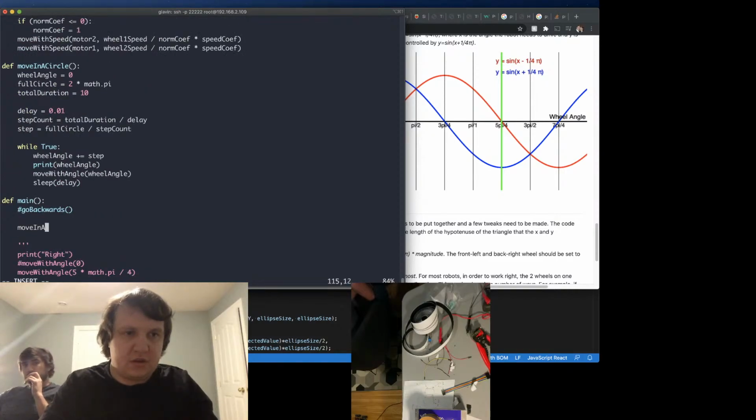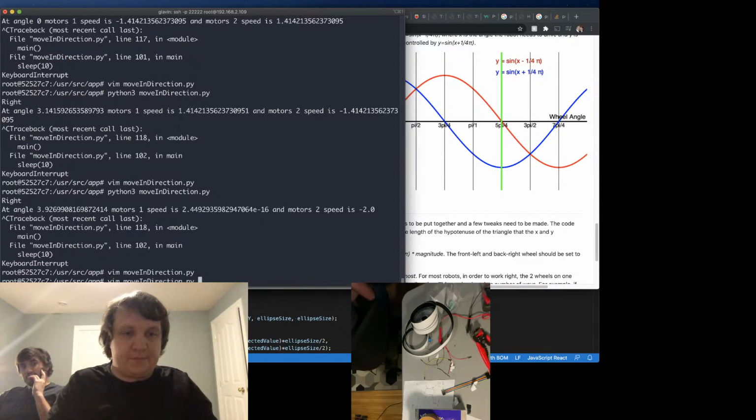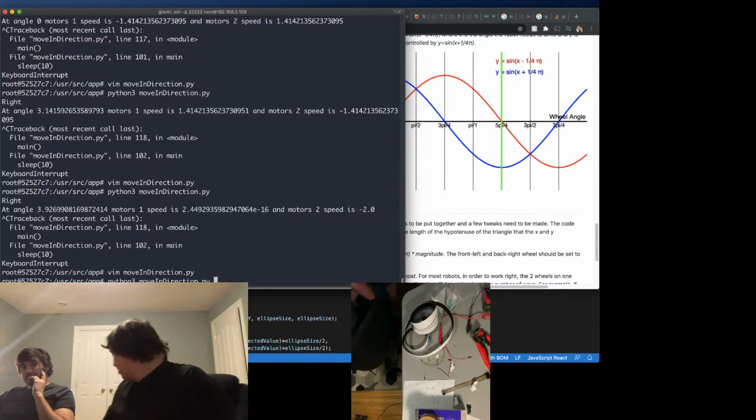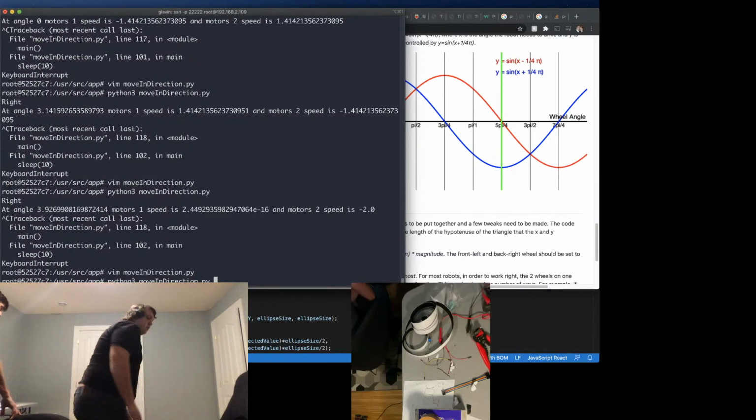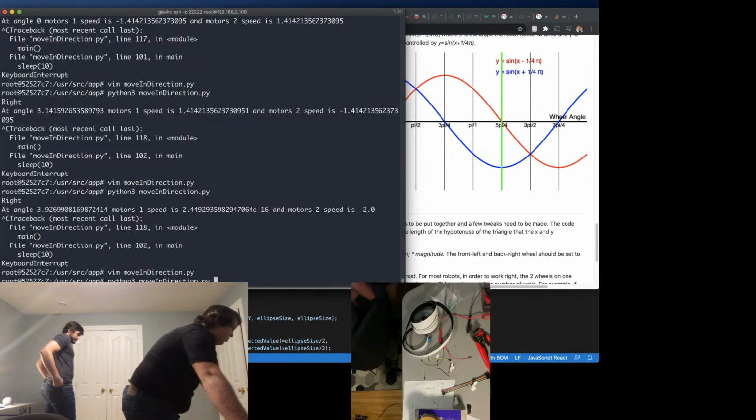Move in a circle. The only thing we might have, yeah, I don't know what's gonna happen. It'll be fun. All right, I do need you holding it because I don't know what it's gonna do. And also, let's move everything. My concern is how big is the circle.